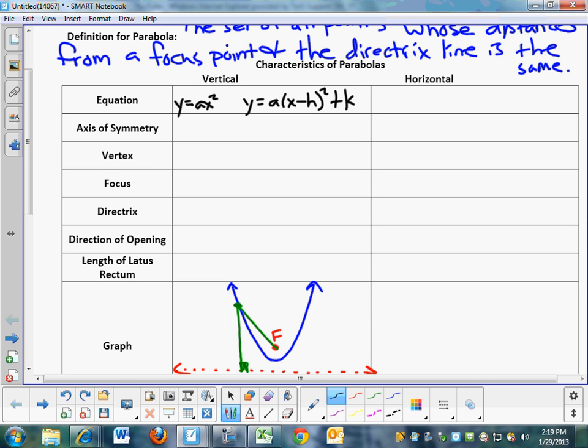That look familiar? I'm sure it does. You've learned it before. Now, horizontal would be x equals. So you could graph horizontal parabolas, which we end up using in calculus in fourth quarter. It's really exciting. x equals a times y squared, or x equals a times the quantity y minus k, quantity squared, plus h.